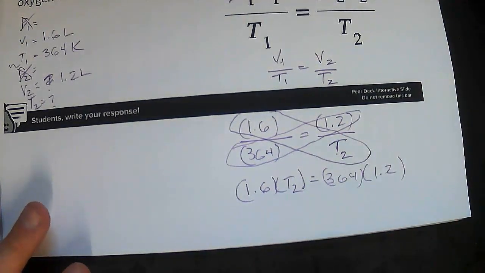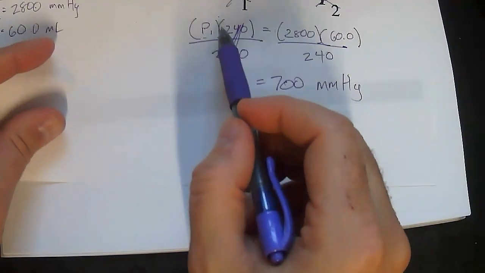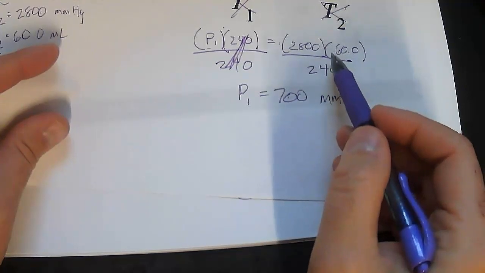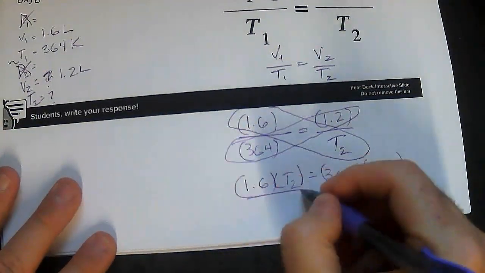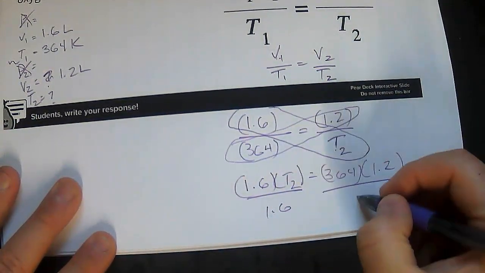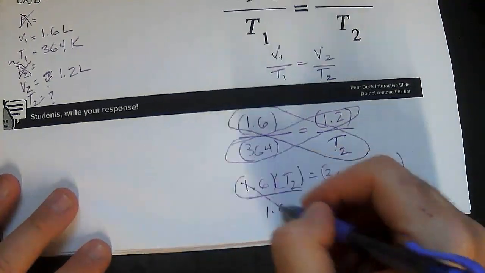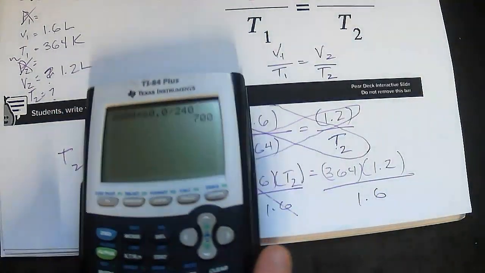So now if I look at the one that we just did, notice the math looks very similar. So now I'm going to divide both sides by 1.6. And notice I haven't even brought out my calculator yet. That cancels, so I get T2 equals, and now I'm going to do the math.